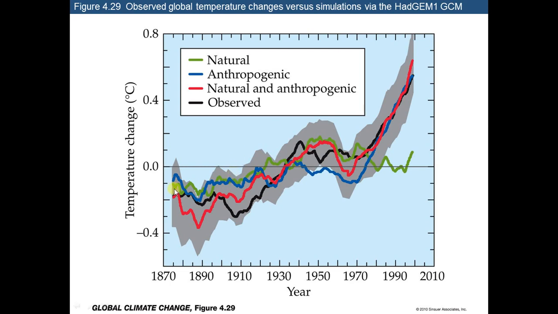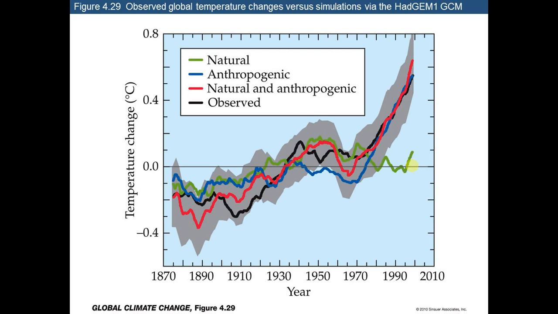If we do that, shown in green, the models show a temperature increase from 1880 to 1940. They don't show much of a decrease into the early part of the 20th century. And then after 1950 or so, temperatures start to level off. Notice that there's no temperature increase during the second half of the 20th century into the early 21st century overall.